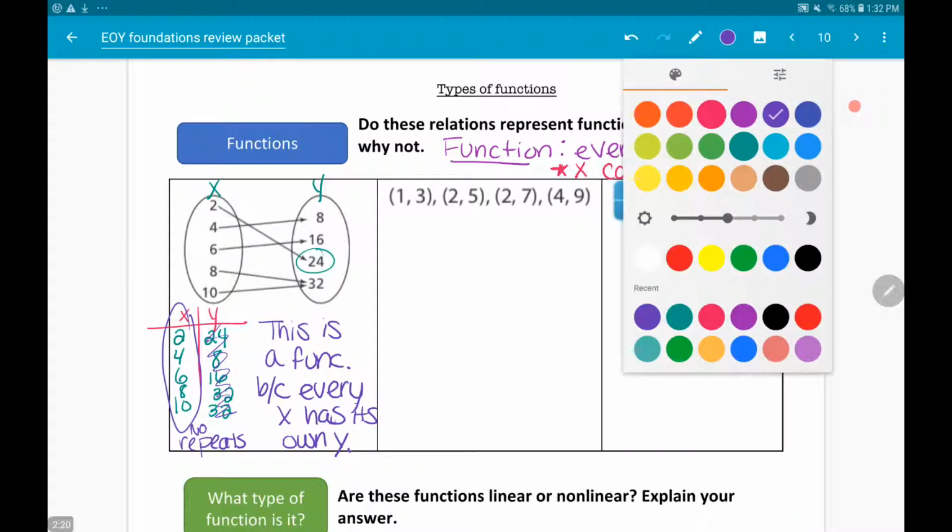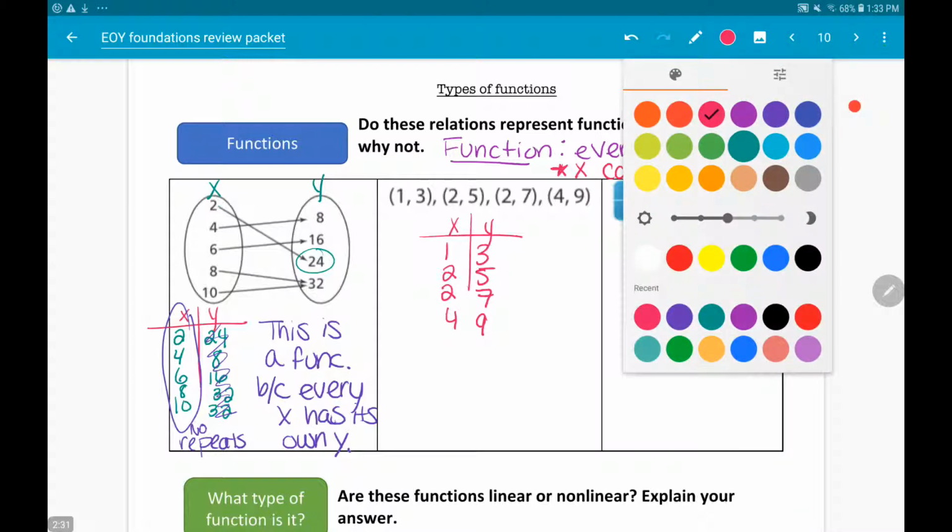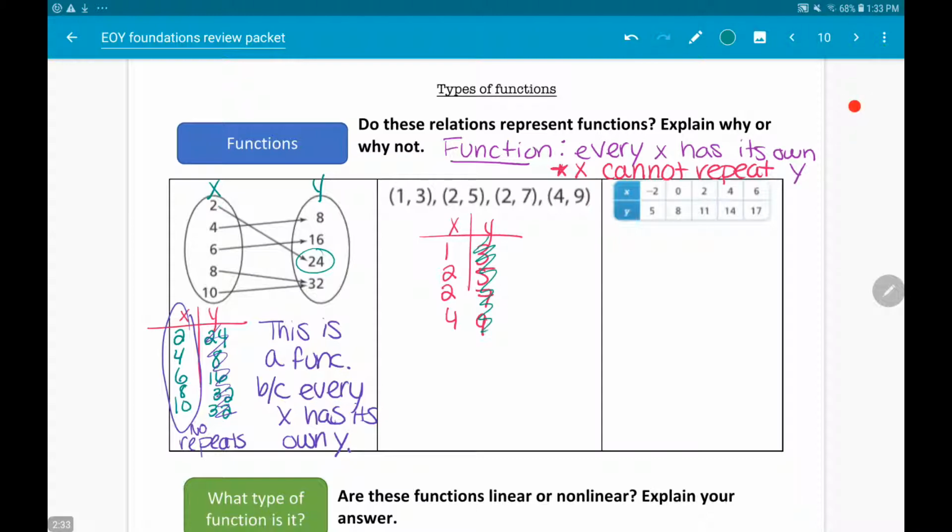Alright, next up, I'm going to do the same exact thing. 1, 3, 2, 5, 2, 7, 4, 9. I'm going to ignore my y values. I scan my x. Are any repeating? Yes.